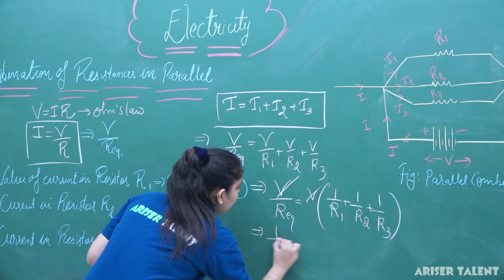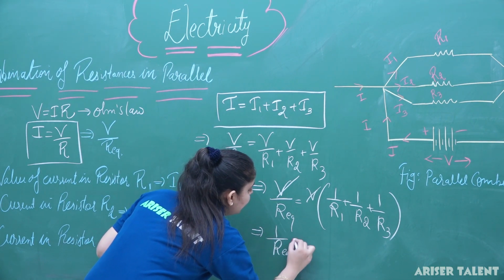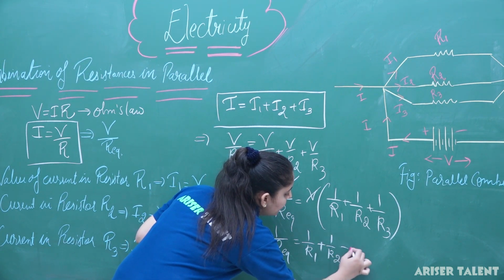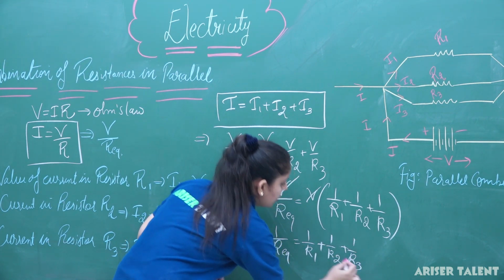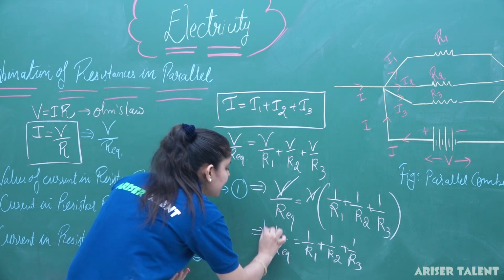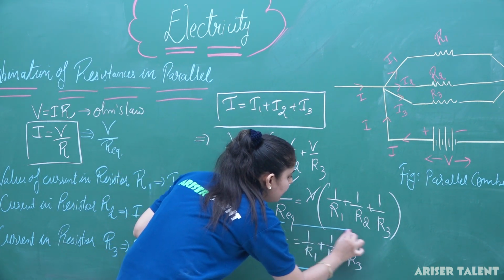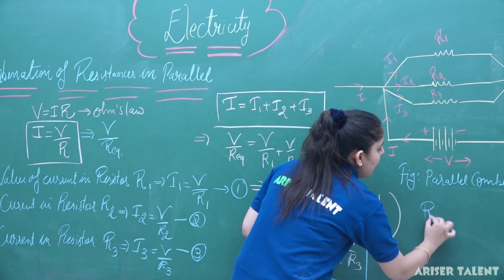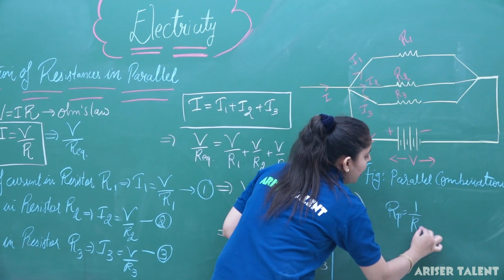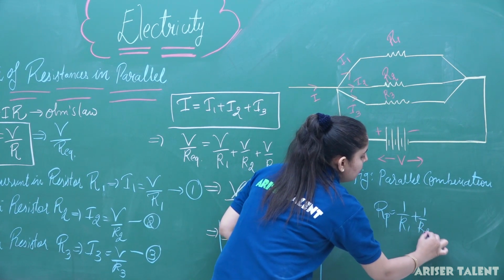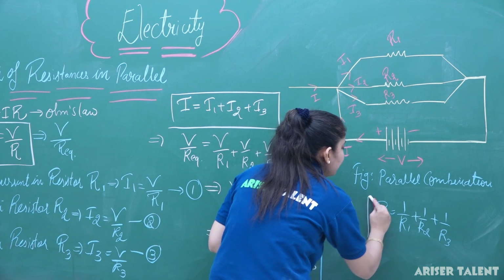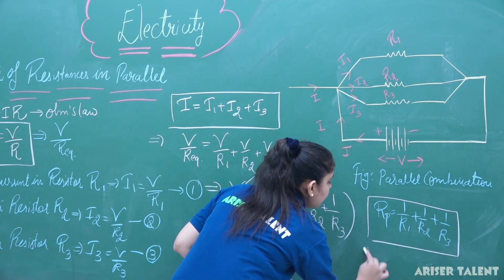So, I can write 1 upon R equivalent equal to 1 upon R1 plus 1 upon R2 plus 1 upon R3. So, this R equivalent is nothing but the resistance in parallel. So, I can write finally here that 1 upon Rp equal to 1 upon R1 plus 1 upon R2 plus 1 upon R3. And this Rp is actually the resistance in parallel.